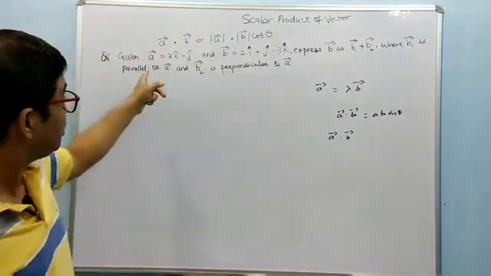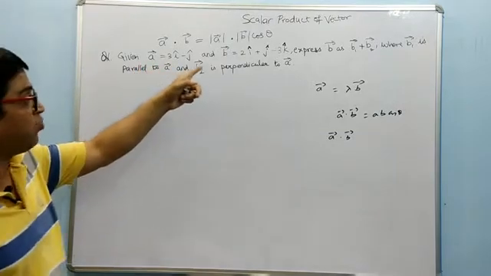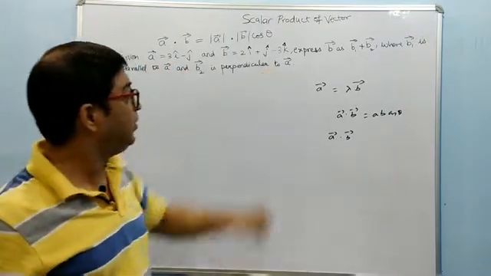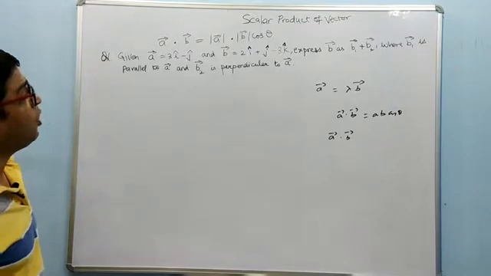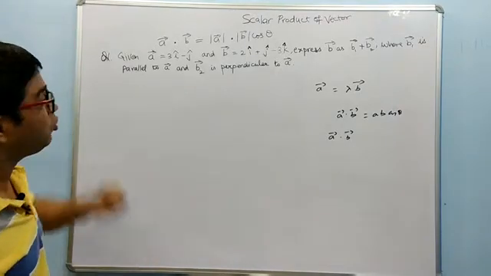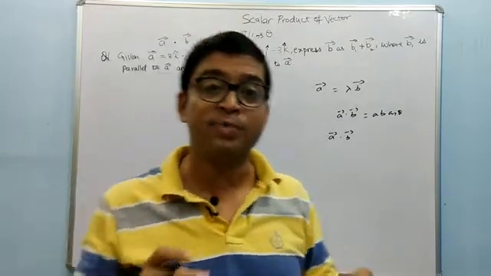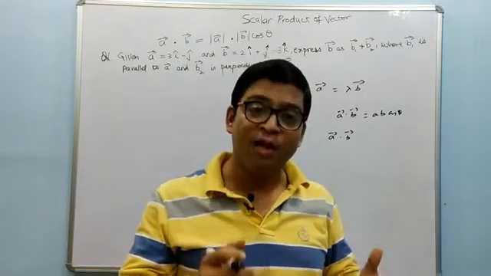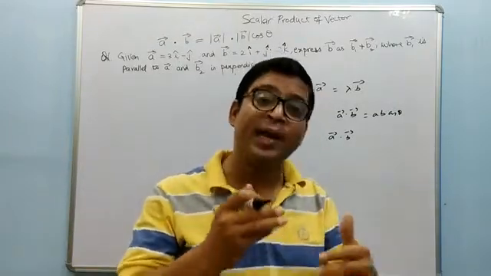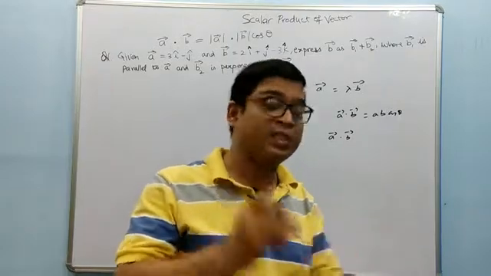Now see, in this particular problem, vector A is this, vector B is that. Express B as B1 plus B2, where B1 is parallel to vector A. What we have learned is that if a given vector is parallel to another vector, it is equal to lambda times the vector to which it is parallel.